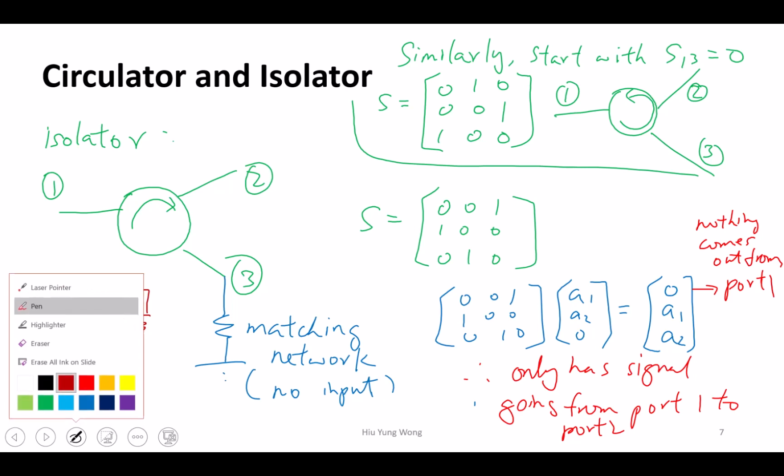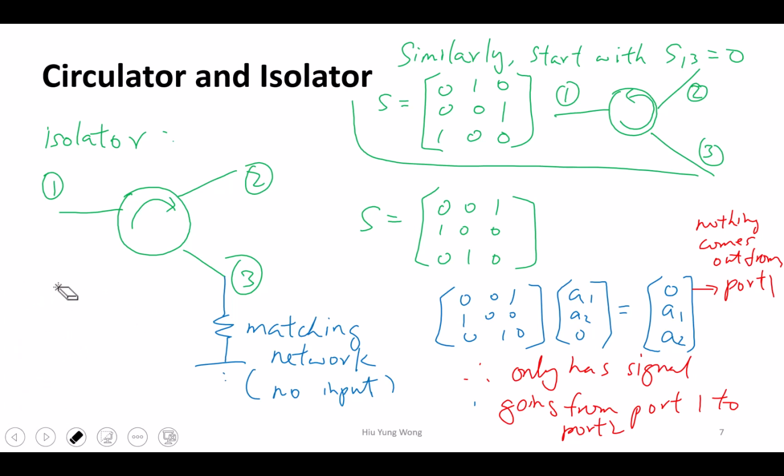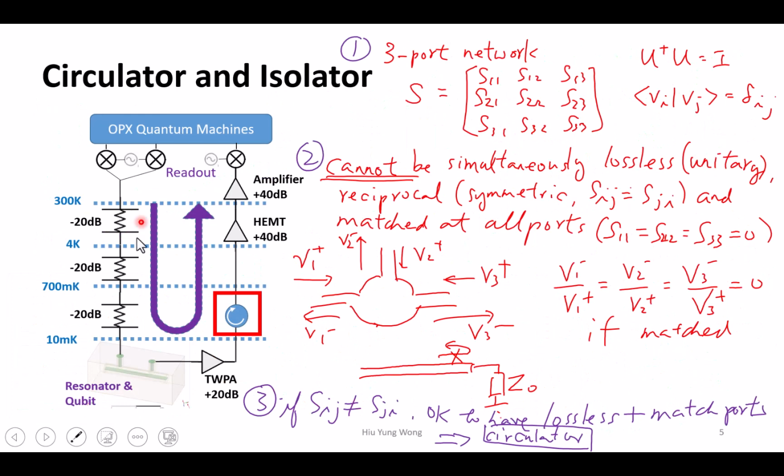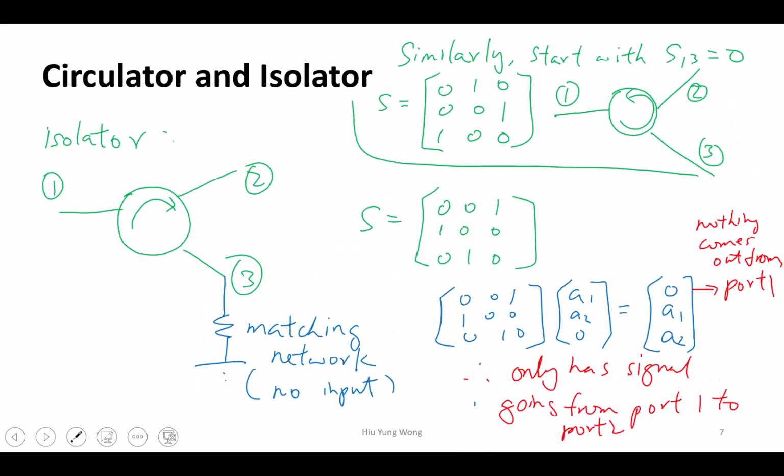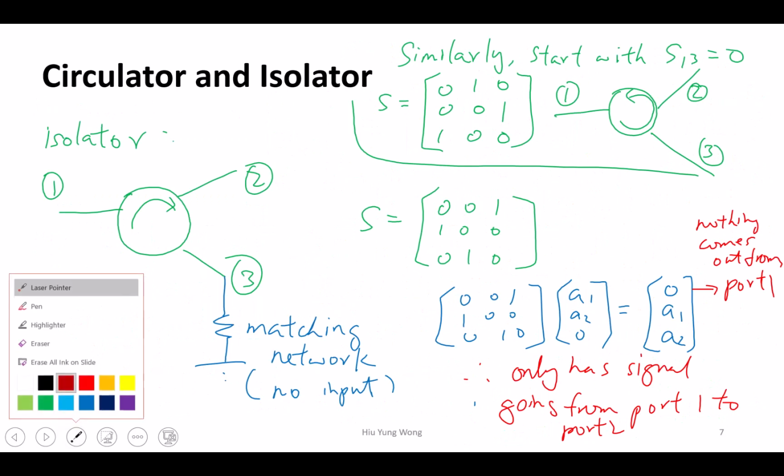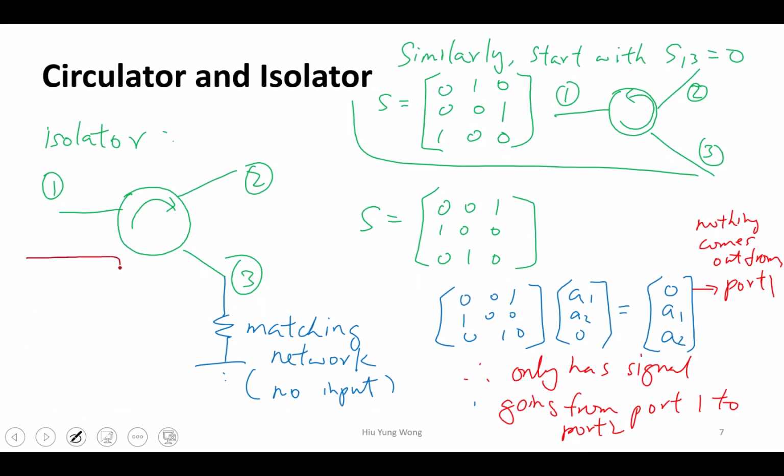Can you just mention which part? Sorry. Which part? It's just along this path, right? So this part actually depends on the structure. Some of them you have a circulator already, because what I'm showing you doesn't need the circulator, but sometimes the qubit is like this.